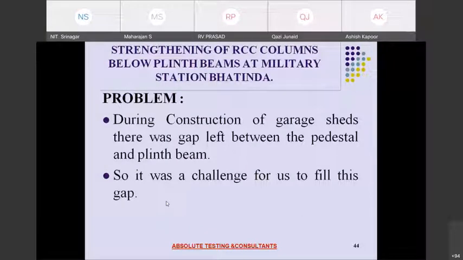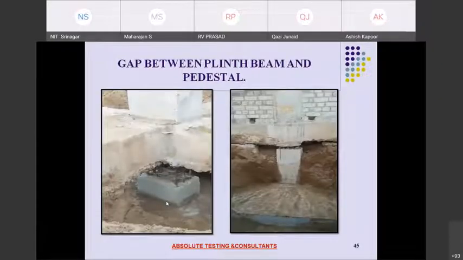Now there is one very interesting condition which I have gone through. During construction of a garage shed, a gap was left between the pedestal and plinth beam. This was because of the negligence of site engineers. You can see this type of gap was observed.